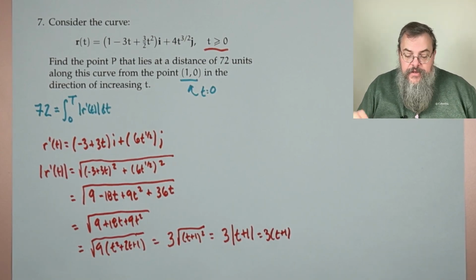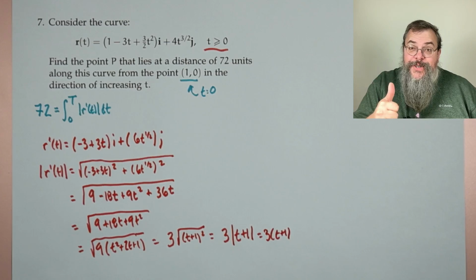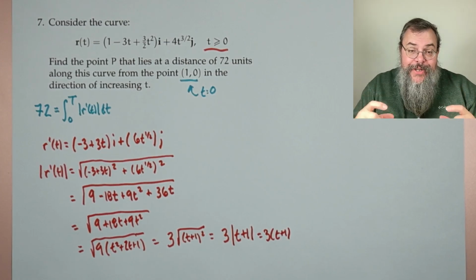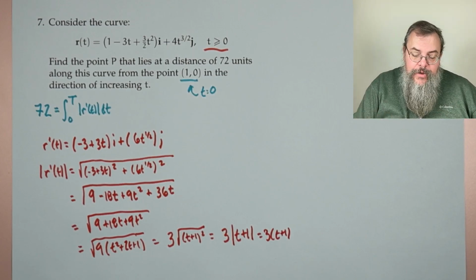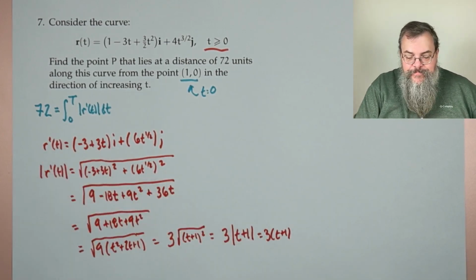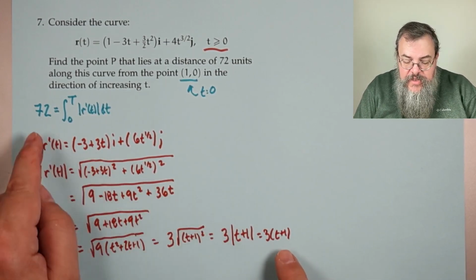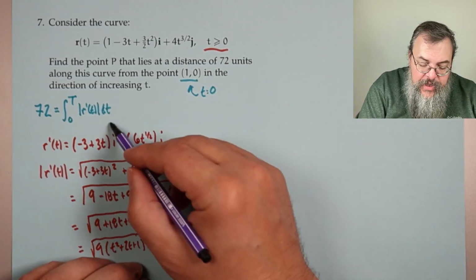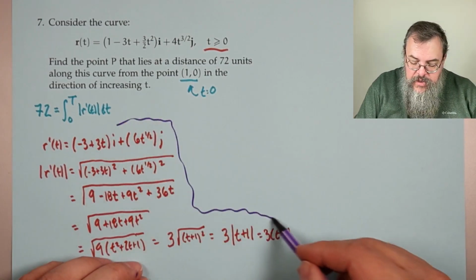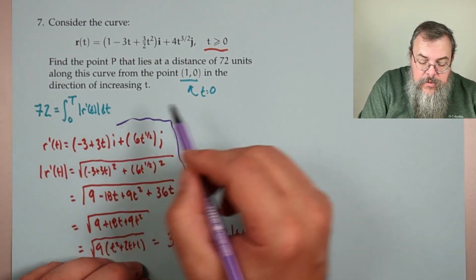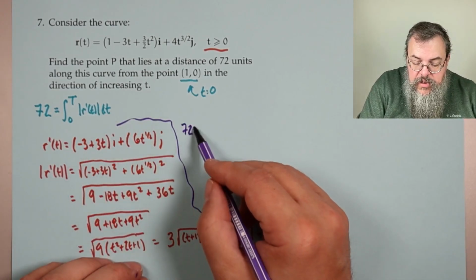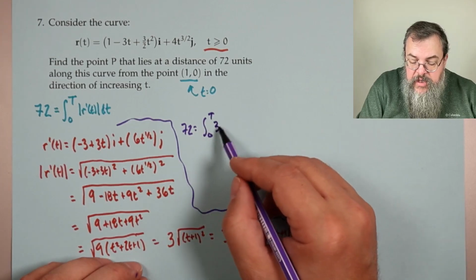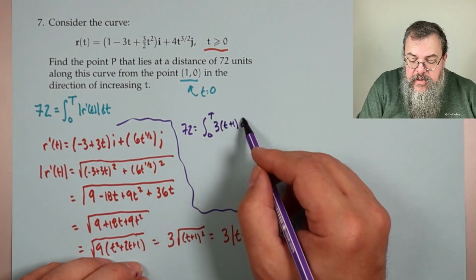Okay. Good. So far, so good? We've done a big chunk of the hard part. Now we've got to integrate it. It's not that we're setting this to 72. That's not what we're doing. We're going to integrate. So this would say that we need 72 equals the integral from 0 to capital T of 3 times t plus 1 dt.